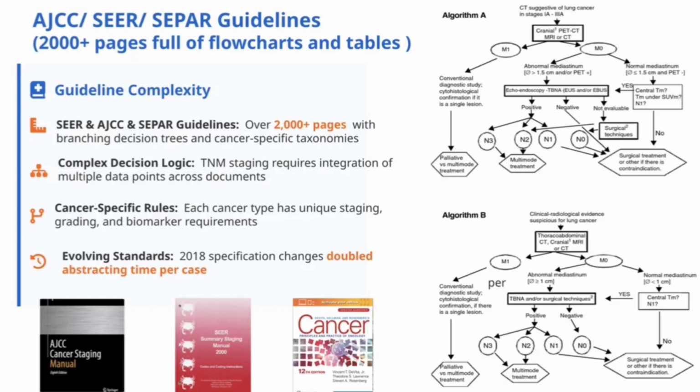After these changes, the time it took to abstract each case almost doubled. And when they change it again in 10 years, because all the guidelines need to change, the certified registrars need to retrain themselves, relearn all these skills. So it will probably double the abstraction time again.